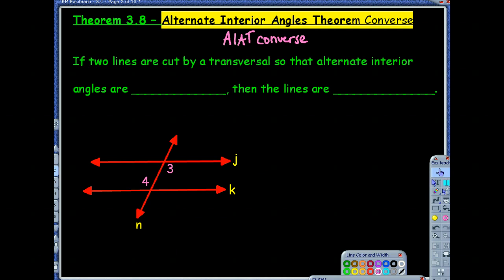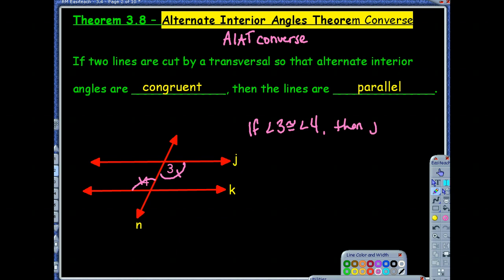So if I flip-flop and do the converse, I would have to be given that alternate interior angles are congruent, then you can say the lines are parallel. That's exactly what it states. Looking at this picture, we've got some alternate interior angles marked. If I know that angles 3 and 4 are congruent, then you could say line J is parallel to line K. So again, instead of proving angles congruent, I'm proving the lines to be parallel.